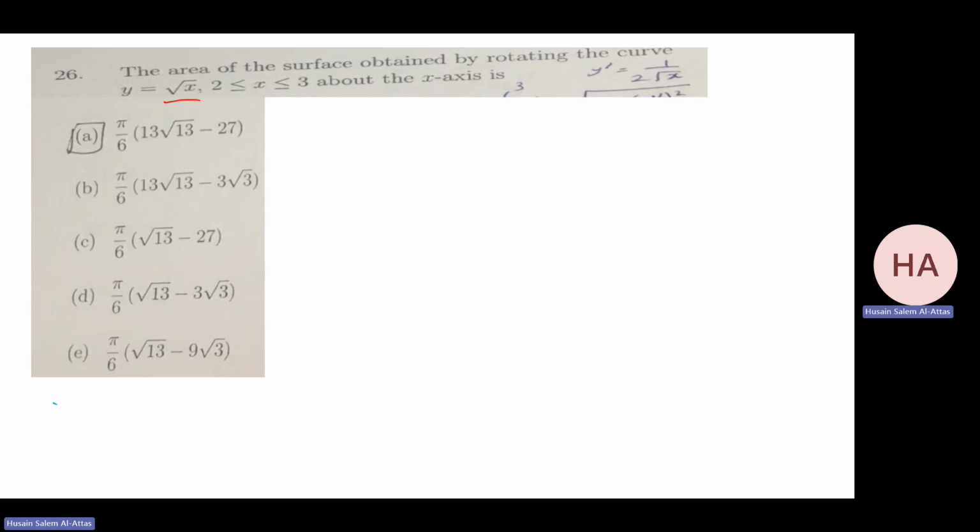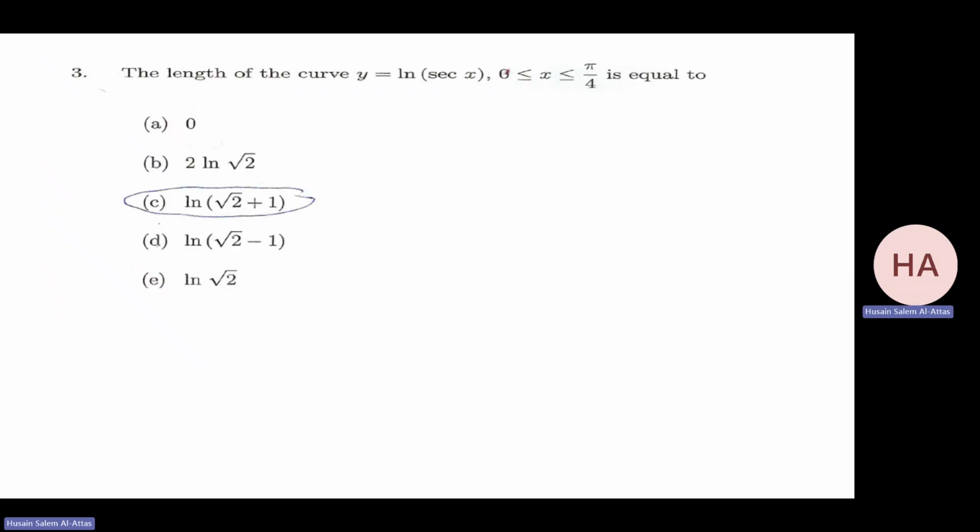I have y equals square root of x, the surface area. So I have f of x, and 1 plus 1 over 4x.